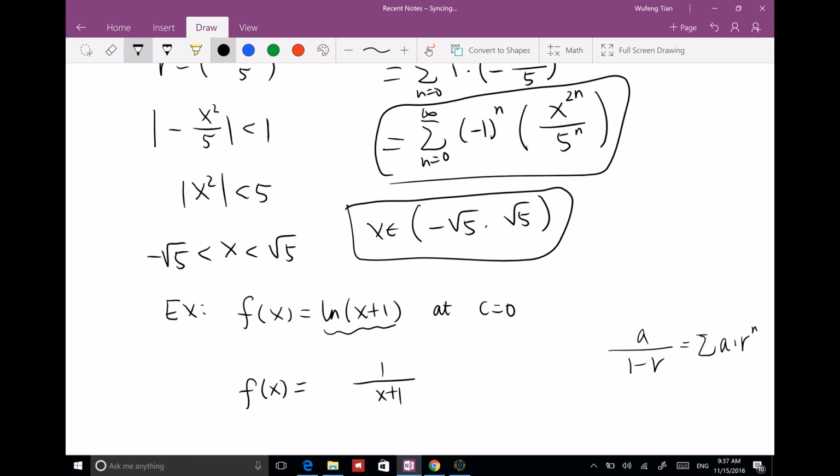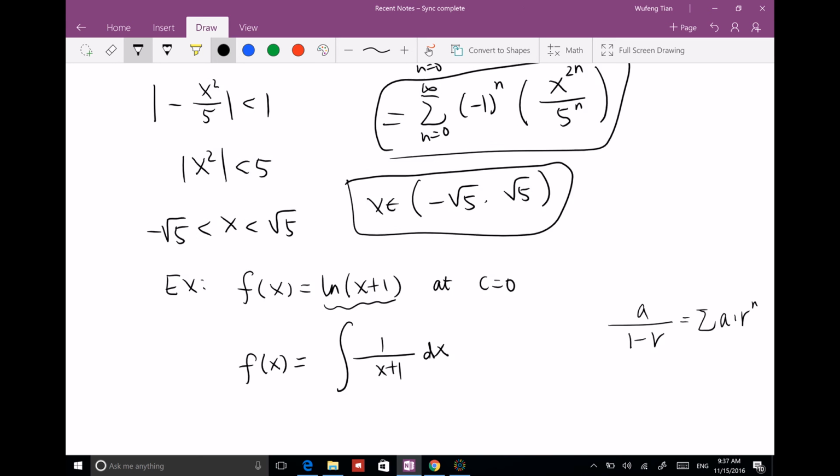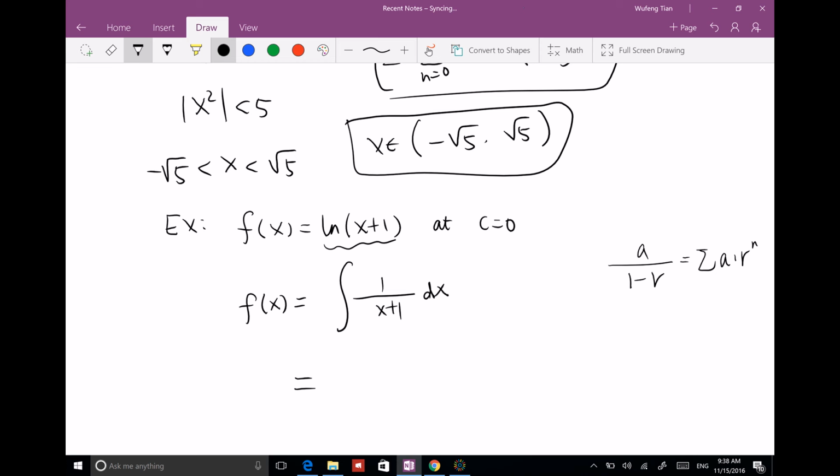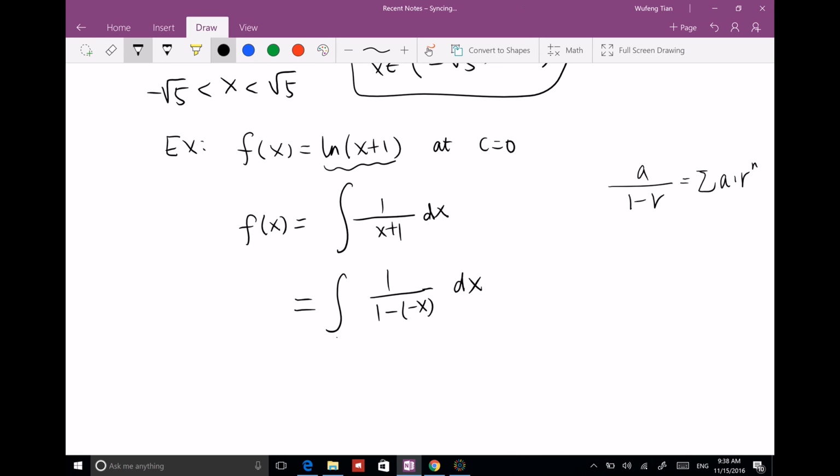The integral, perfect. You take the antiderivative of 1 over x plus 1, you get this, right? So now I just have an antiderivative of that. I can change this 1 over x plus 1 into 1 over 1 minus negative x dx. Keep the integral, it's okay.